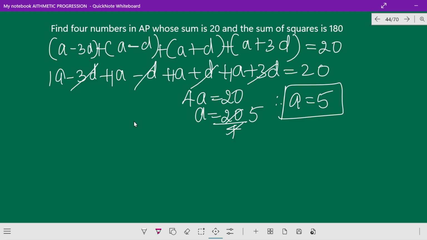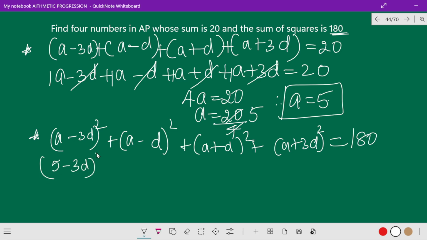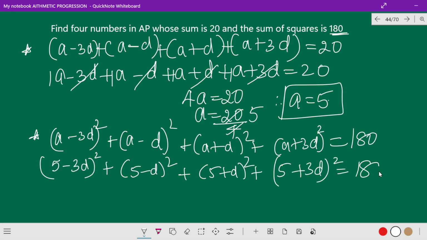Sum of their squares is 180 means we have to take the sum of the squares of all of these. So we will square each one: a minus 3d whole square plus a minus d whole square plus a plus d whole square plus a plus 3d whole square is equal to 180. The a value we know, so put a equal to 5: 5 minus 3d whole square plus 5 minus d whole square plus 5 plus d whole square plus 5 plus 3d whole square is equal to 180.